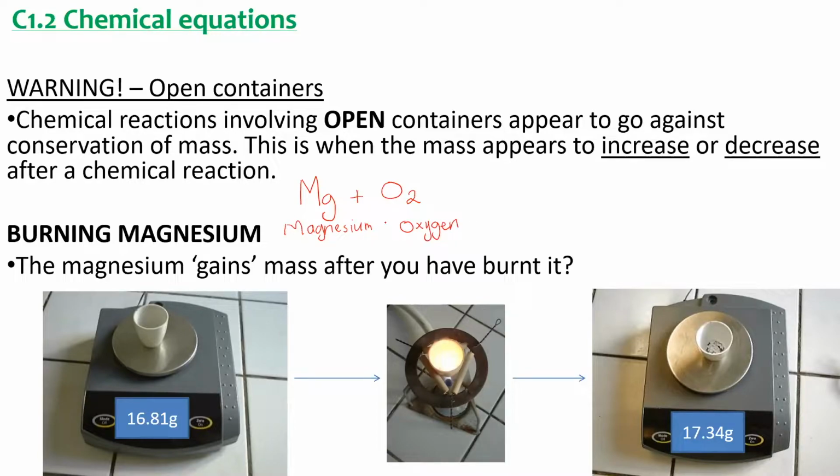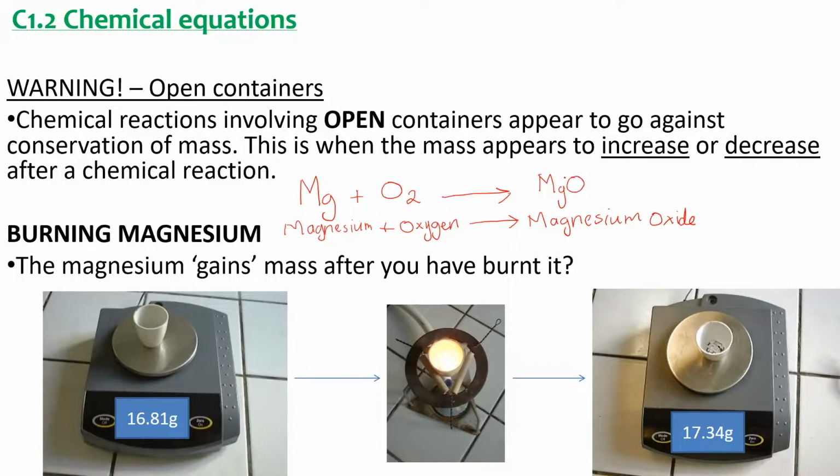You don't write equals like in maths, you write goes to. What's formed is magnesium oxide, MgO. When something burns, or combusts, it reacts with the oxygen in the air. If you burn wood, it's reacting with the oxygen in the air.